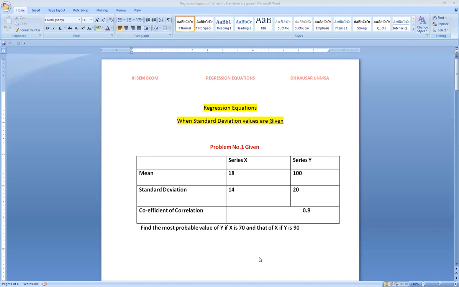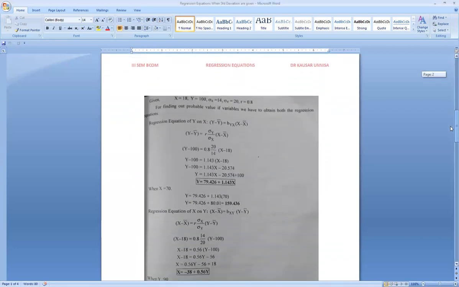In the case of bxy, the regression coefficient is r into standard deviation x divided by standard deviation y. For the case of y on x, the regression coefficient byx is r into standard deviation y divided by standard deviation x.